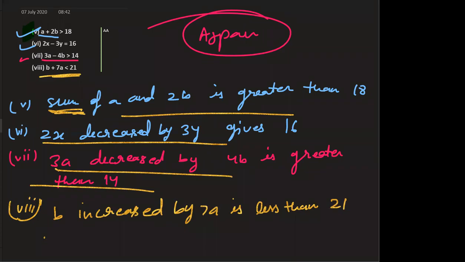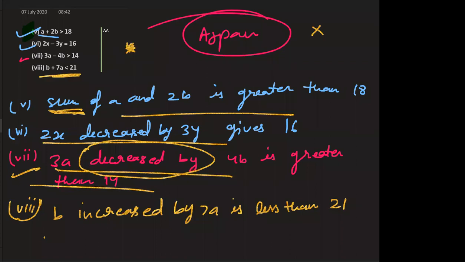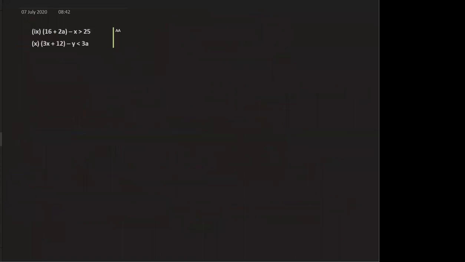Is it okay, students? Now you have 3 minutes. Within these 3 minutes, let us try to do these two questions. 9. 16 plus 2a minus x is greater than 25. So how are you going to write it?